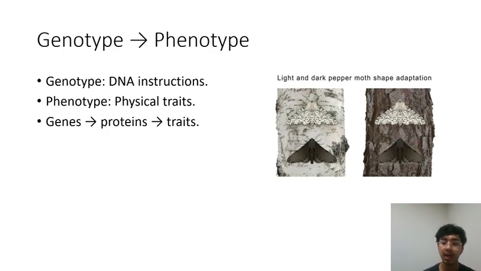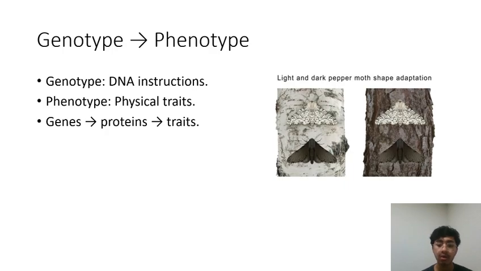In this slide, I will explain how genotypes become phenotypes. A genotype is the genetic code inside an organism, the actual sequence of DNA. A phenotype is what we can observe, like wing color, body size, or behavior. Genes tell cells how to make proteins, and those proteins shape an organism's traits.